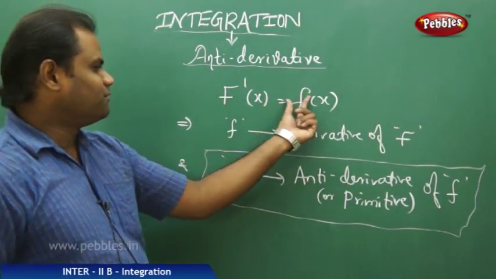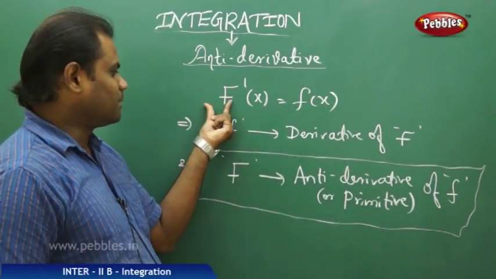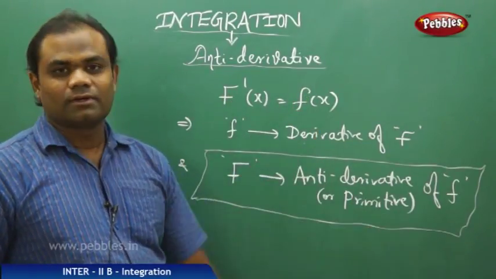For this, f is the derivative of capital F and capital F is the primitive of small f.